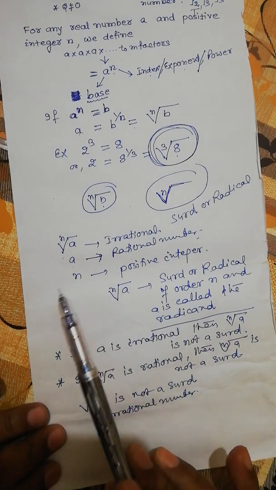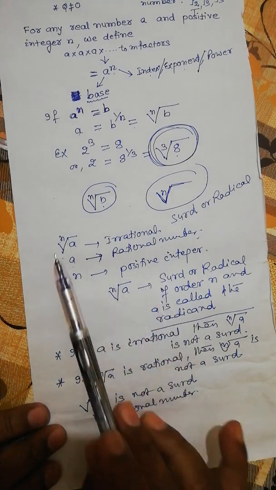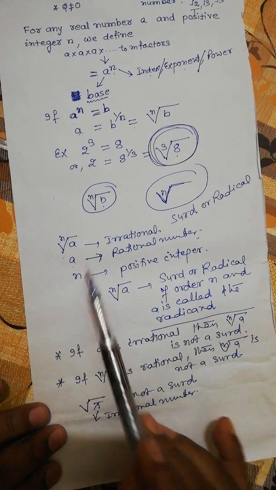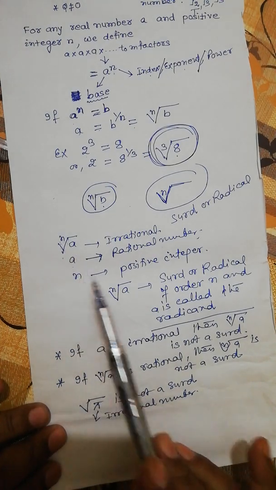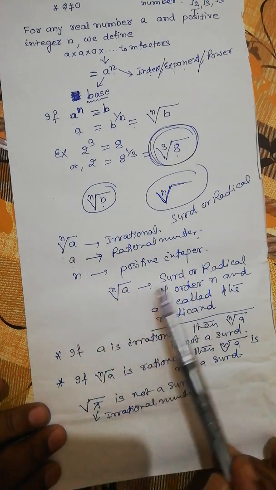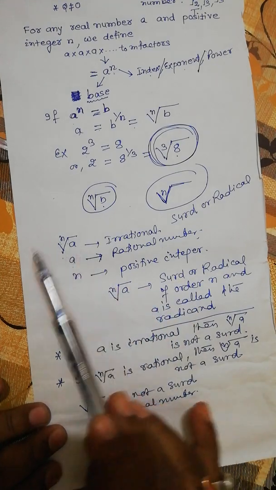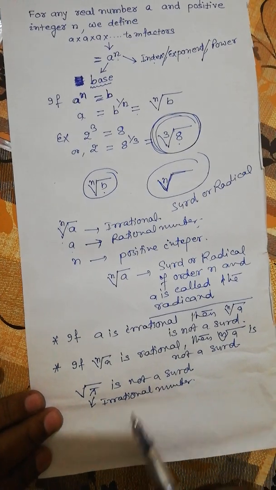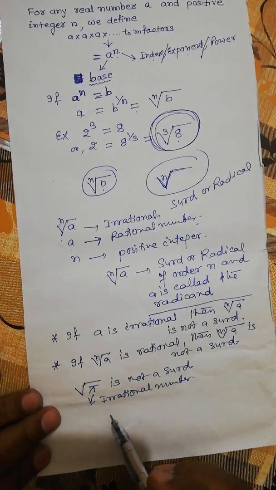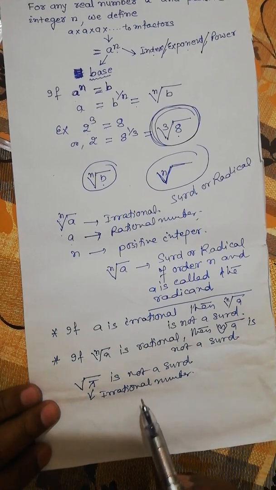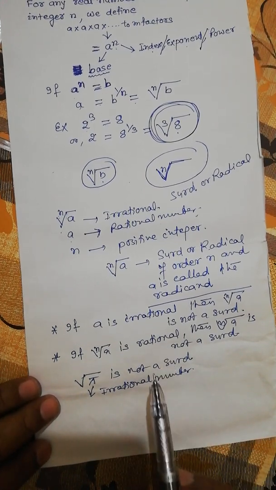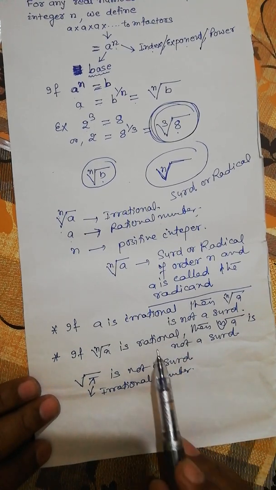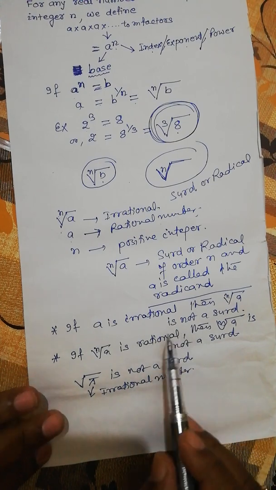Second point, n should be positive. So we have to consider this n as a positive integer. And third point, the nth root of a should be an irrational number. So in this way, we can find what is a surd or what is a radical. So every surd is an irrational number, but every irrational number is not a surd.